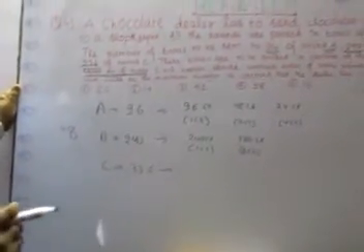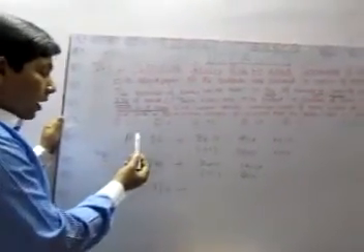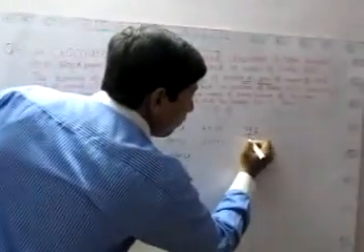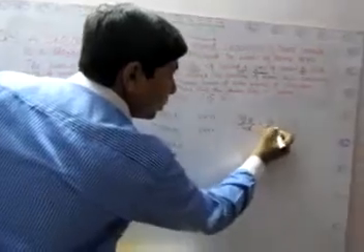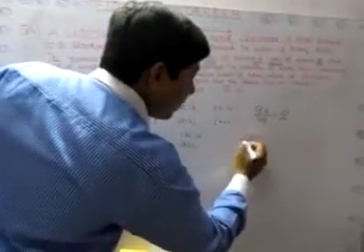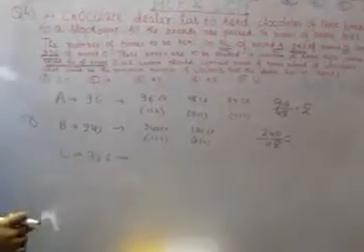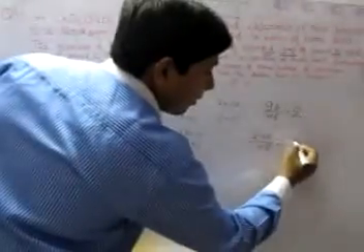Hence we should have 48 chocolates in one carton for minimum number of cartons. So how many cartons we require for A is given by 96 by 48, which is equal to 2. So 2 cartons for brand A. For 240 we require 240 divided by 48, that is equal to 5.